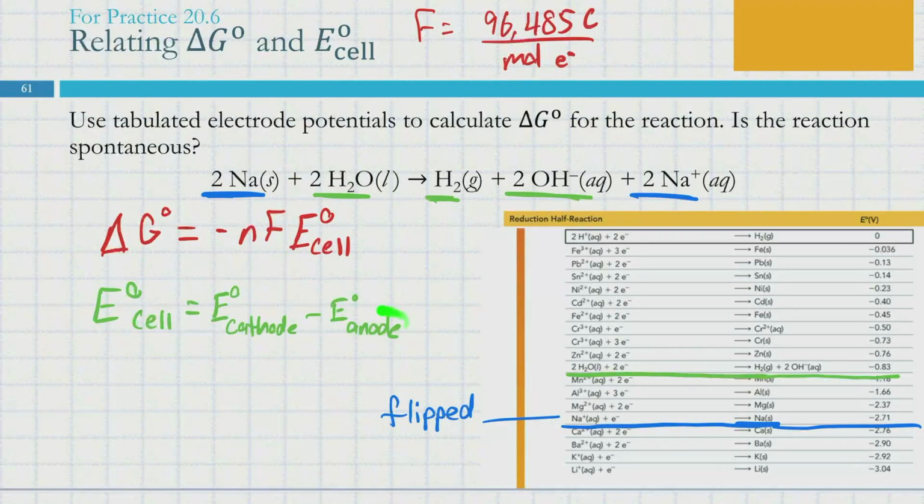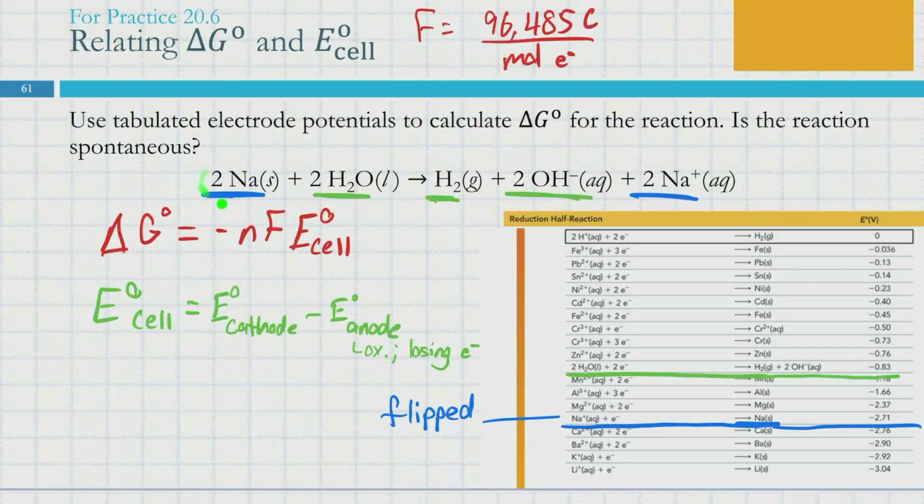What does it mean to be an anode? What's happening at the anode? Oxidation or reduction? Oxidation. Oxidation is what of electrons? Yeah, so it's losing electrons.